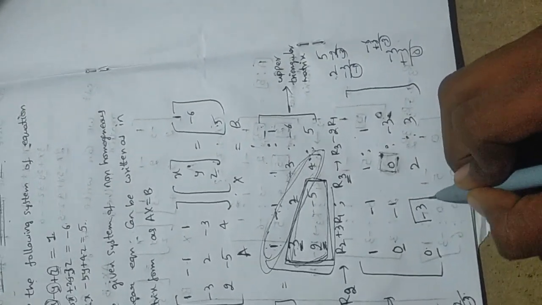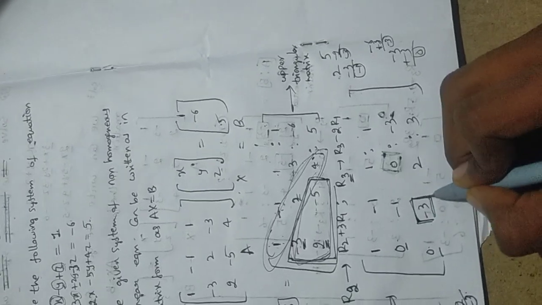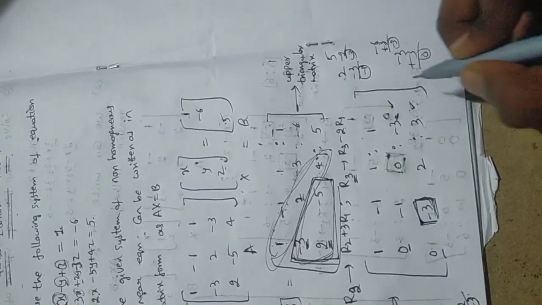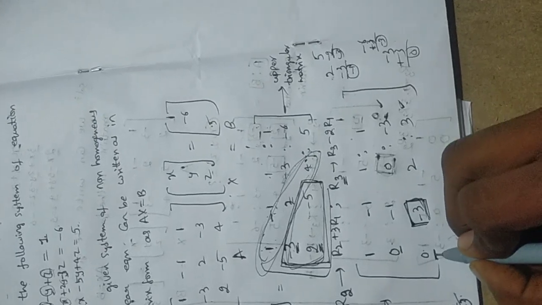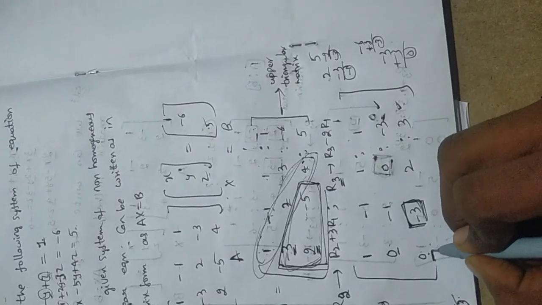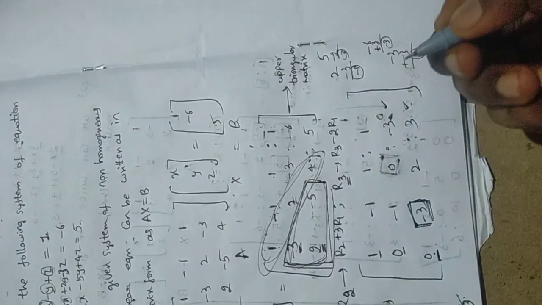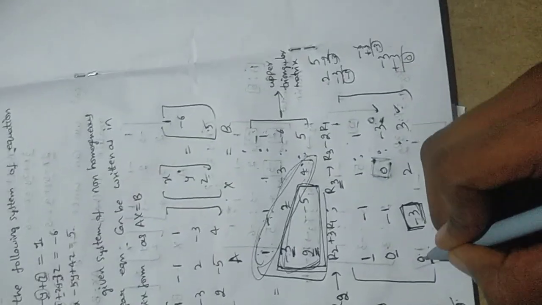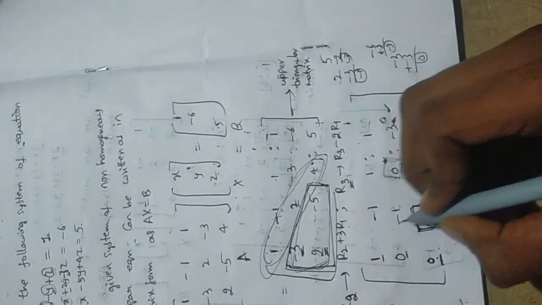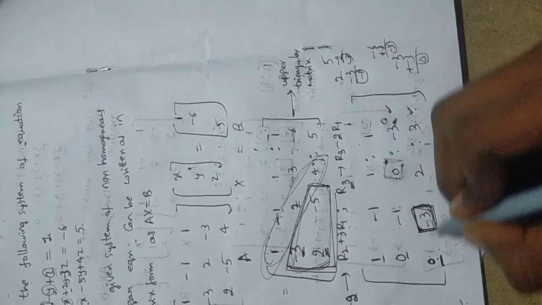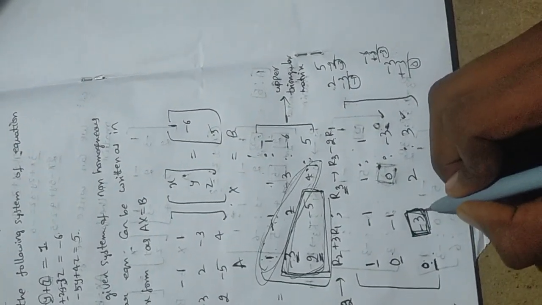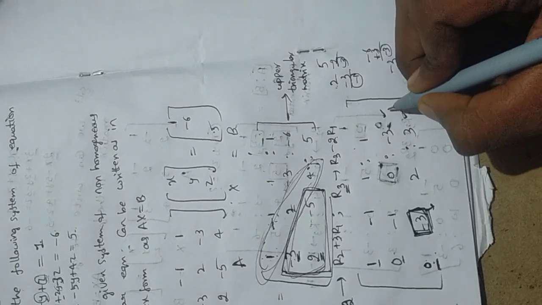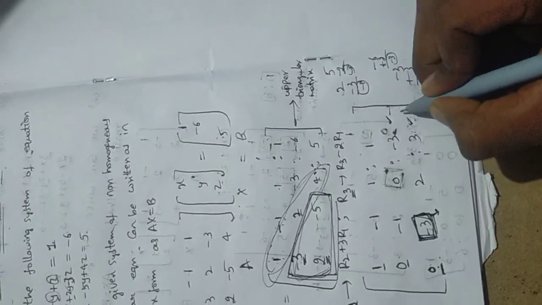So now we have to make this 0. We have to use only row 2 to make this 0, because row 1 should not change. If we multiply this with something and add it to this, the 0 gets replaced by another number. So we have to remove this -3 and keep 0 here by using the elementary operation only with row 2.